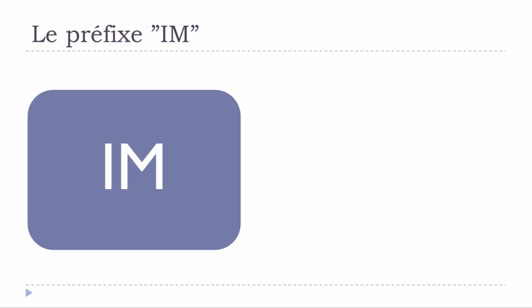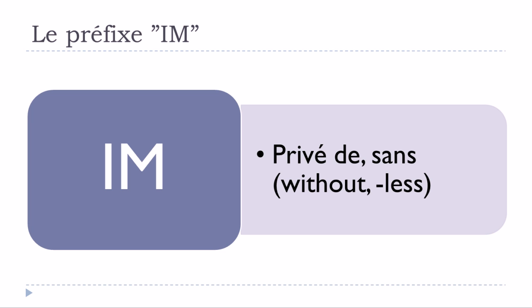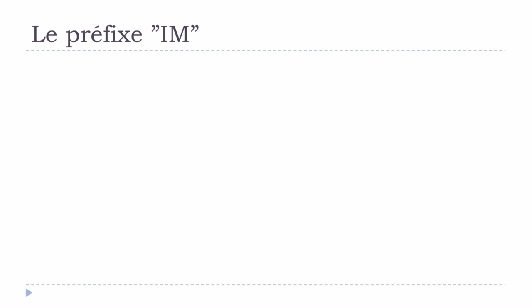Just for your information, by adding this im you will modify the meaning, and it will mean privé de or sans. That is the result that you will get by adding this im. So let's see now a few examples.